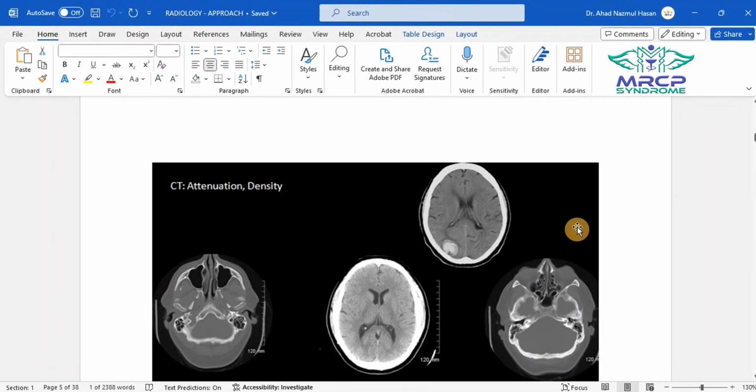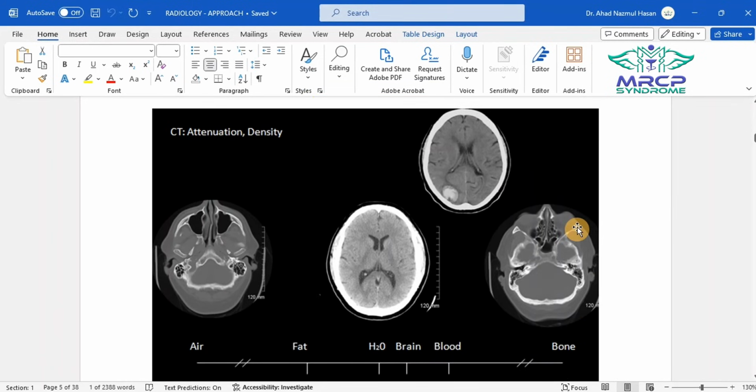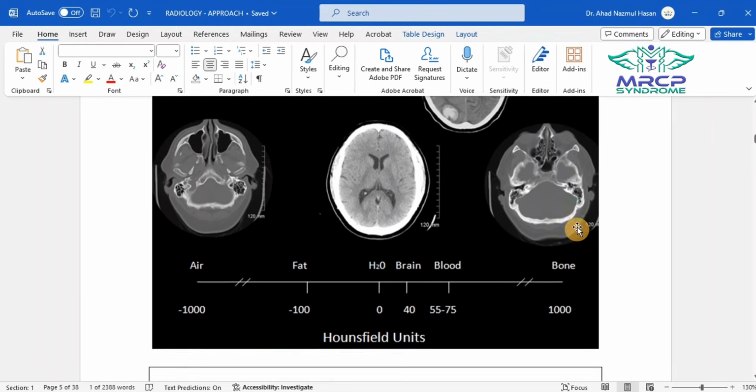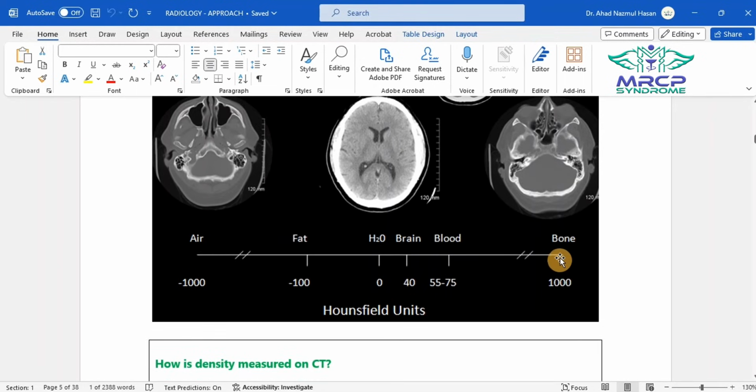So next is CT attenuation based on the density, and we use the Hounsfield unit, in short HU, and you should memorize this. So what is the range of Hounsfield unit? What is the extreme range in the negative and in the positive?